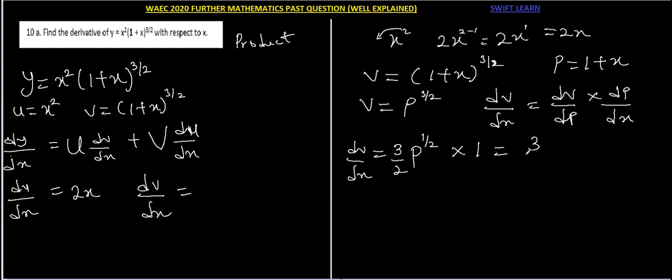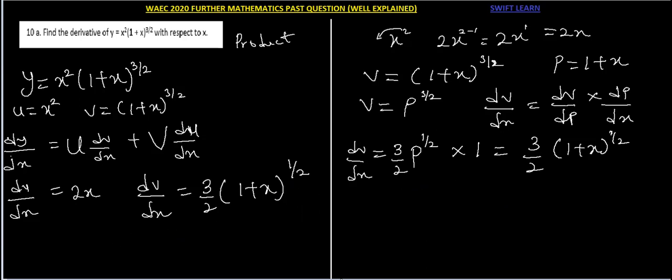That will be 3 divided by 2 times p, and your p is 1 plus x raised to power 1 over 2. So we have here 3 over 2 brackets 1 plus x raised to power 1 over 2.